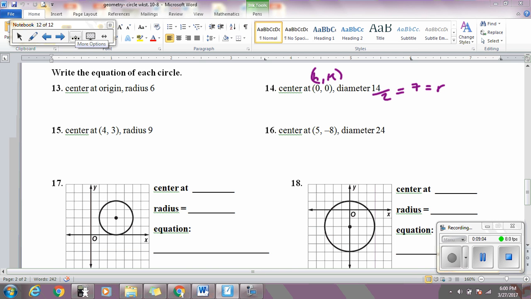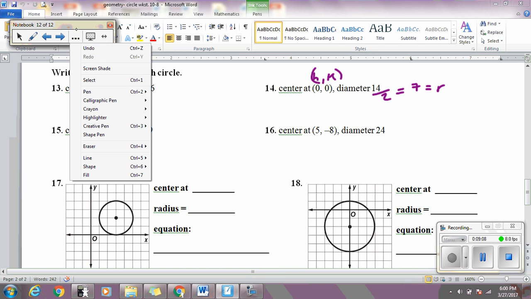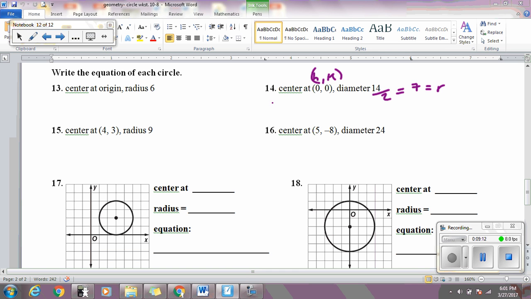So now that I have my radius and I have my center, I can write down the equation. It'd be x minus 0 squared plus y minus 0 squared equals 7 squared.